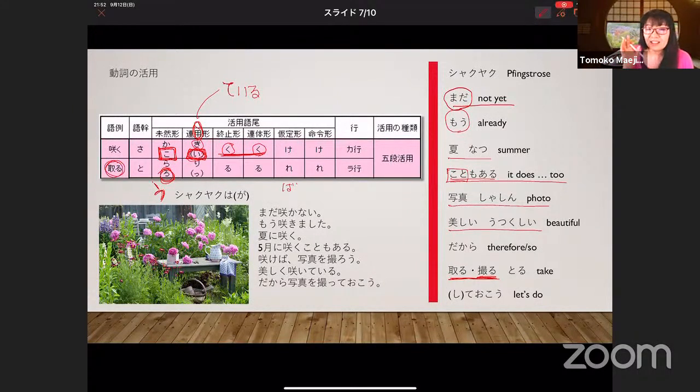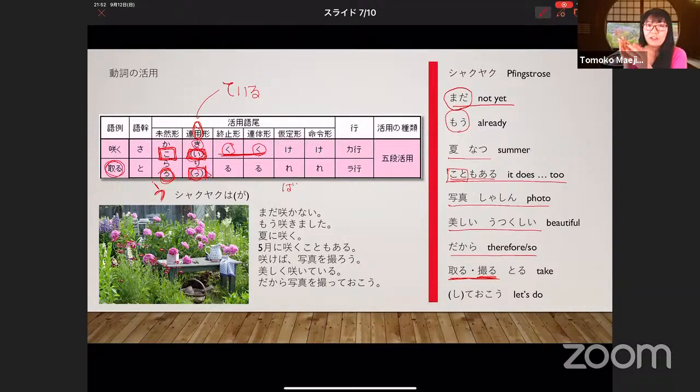Then that's why, or therefore, だから. So だから, let's take a picture. This one.